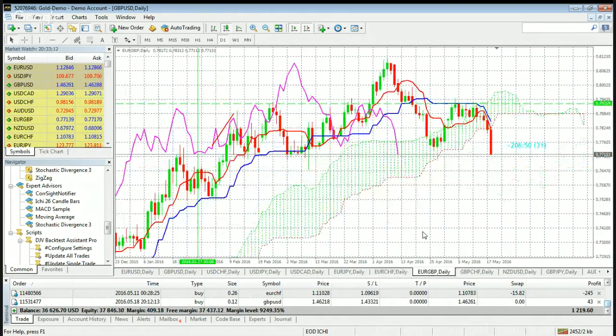Euro pound. Now what's happening here? Okay. I want to hear from you guys now. What's happening here? What do we do? What should we do? What can we do? What do you guys think?